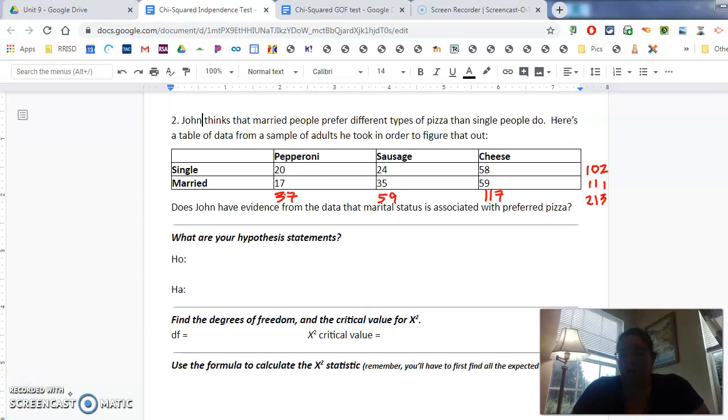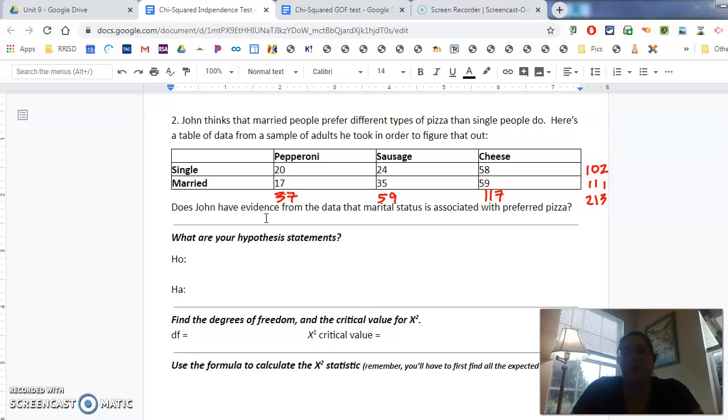Alright, so I found my totals. The next thing would be, do we have evidence from the data that marital status is associated with preferred pizza? Or that different marital statuses like different types of pizza, which is weird. So our null hypothesis would be that they are not associated, that they're independent, that married and single people like the same types of pizza, so that there's not a difference.